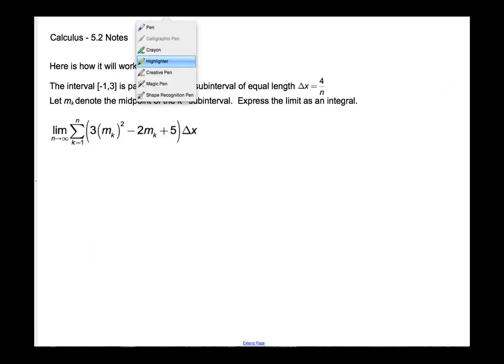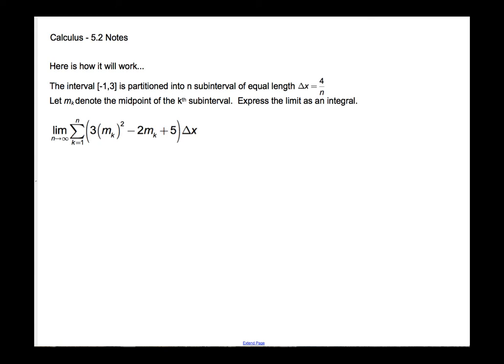Okay, so here's how it's going to work. You're going to have a question, something along the lines of: the interval from -1 to 3 is partitioned into n subintervals of equal length, delta x, which is equal to 4 divided by n. And we're going to let m sub k denote the midpoint of the kth subinterval, express the limit as an integral.